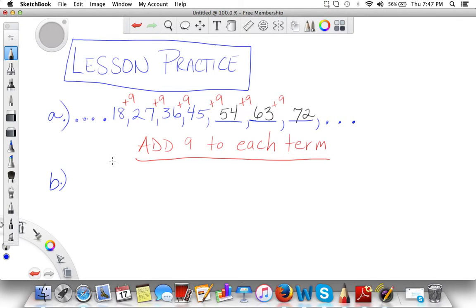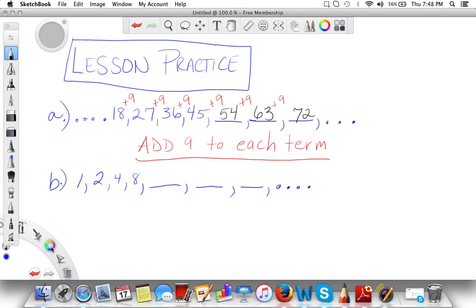All right, B starts out with the numbers that are listed. 1, 2, 4, 8, and then we have 3 more terms, and then the dots come again. And the dots, remember, just mean the same pattern continues. Here, the dots mean this pattern was going on already, and then we pick up at 18.